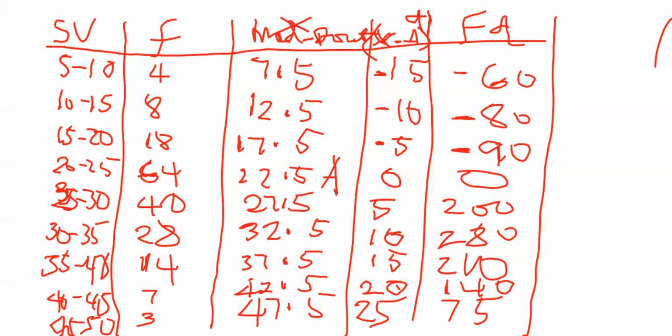The data shows the performance of newly advertised products. They didn't give the total number. So let's add. You're going to add for me 4 plus 8 plus 18 plus 64 plus 40 plus 28 plus 14 plus 7 plus 3.